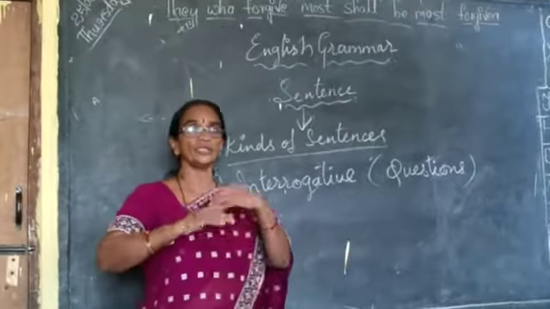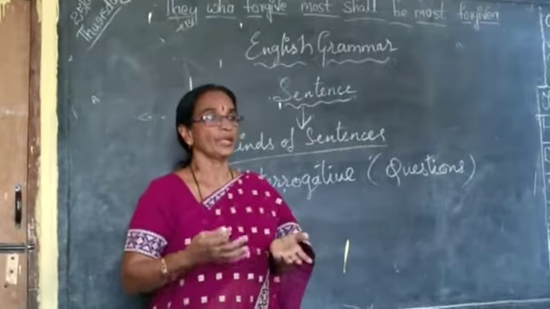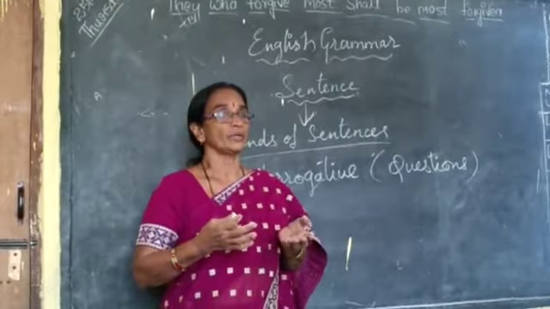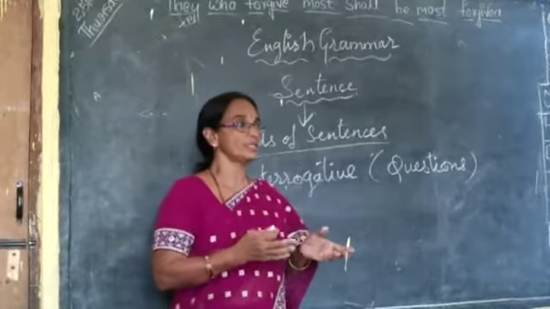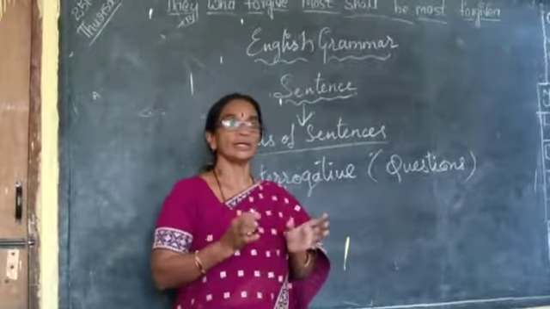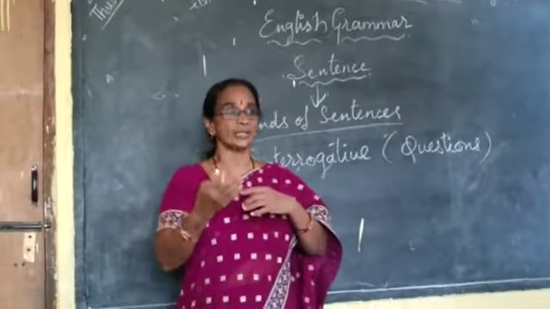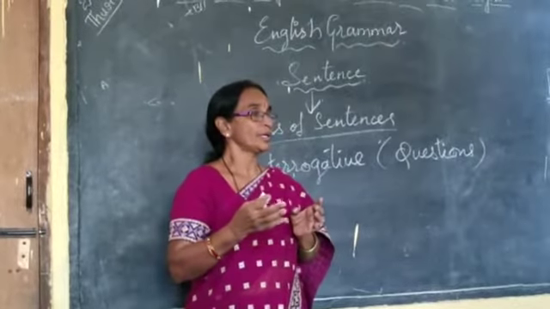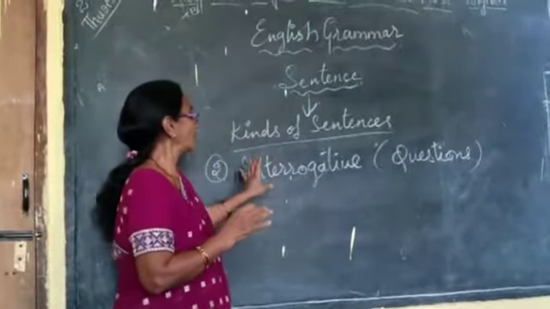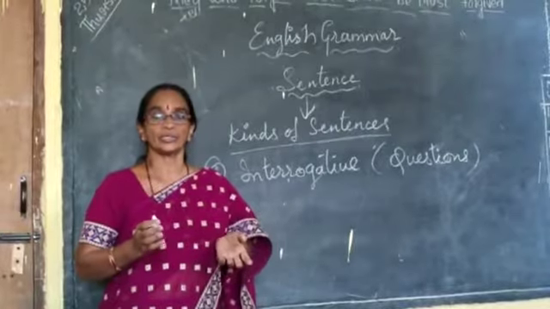Interrogative means to interrogate someone. Asking questions. In questions we ask many things. What, how, where do you live, what is your name? This all comes under questioning. That means interrogating. Now the police interrogate the thief. In the same way, interrogative means asking questions.